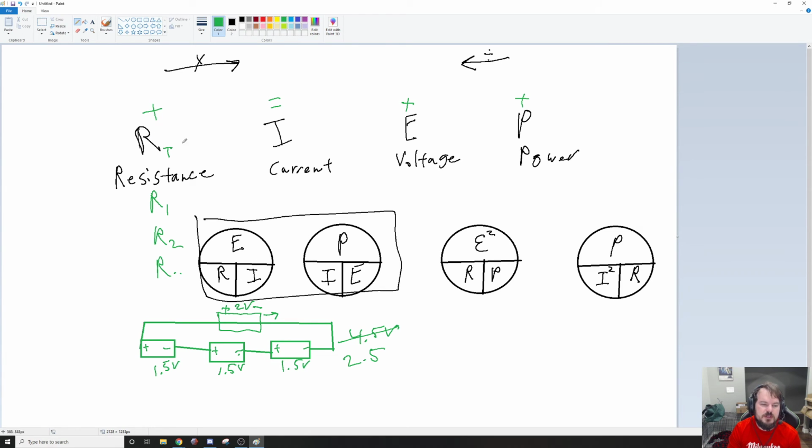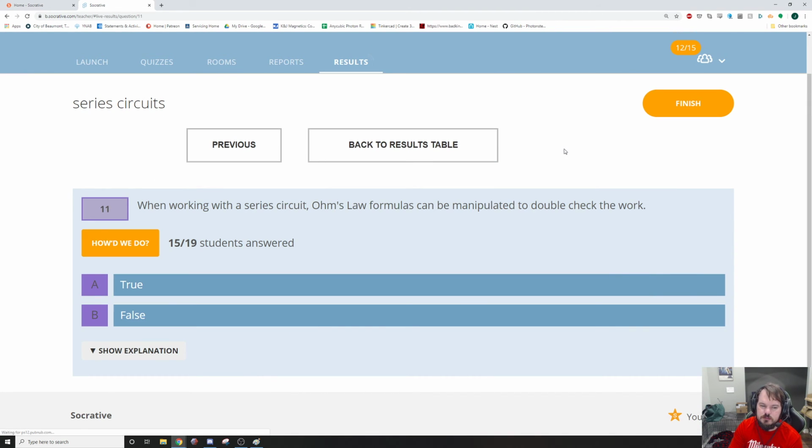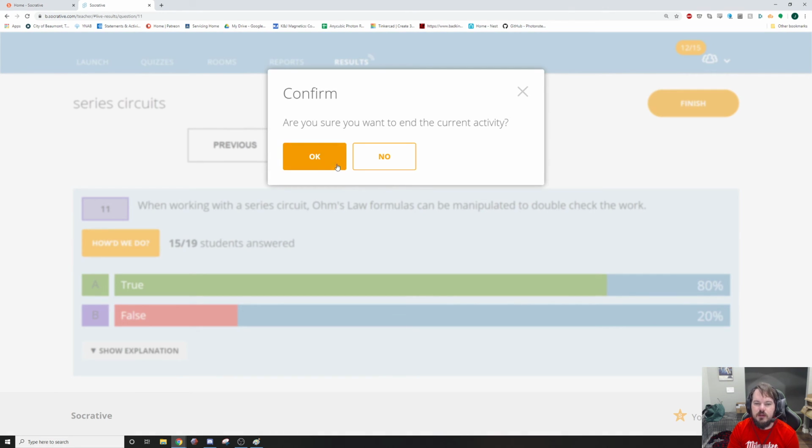If you have all the other values, and you're looking for resistance total, you could do E divided by I to get R, or you could add your resistors up to get the total. What this question is suggesting is that you do both and make sure you get the same number.